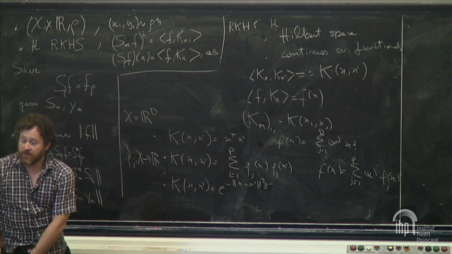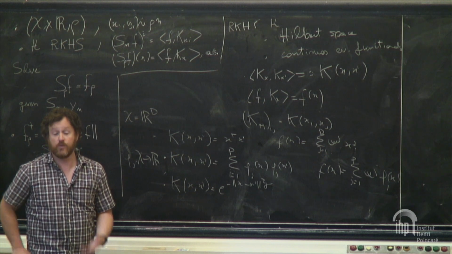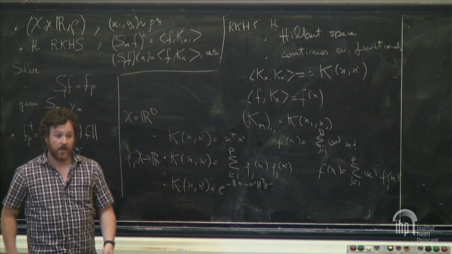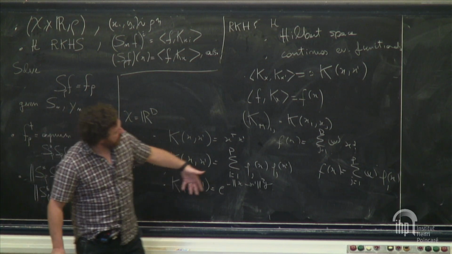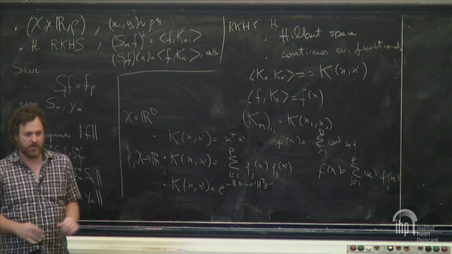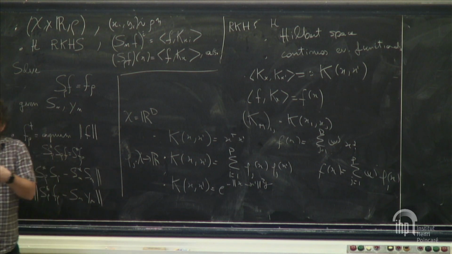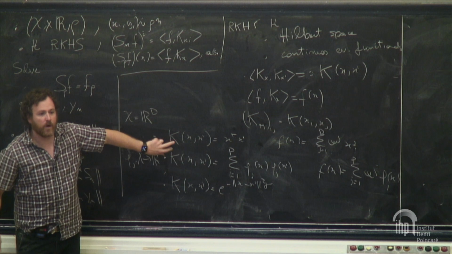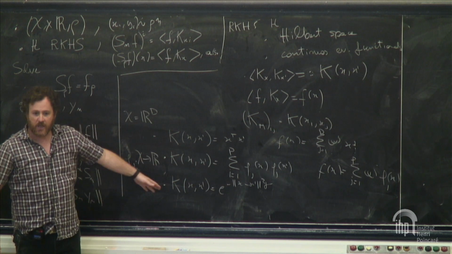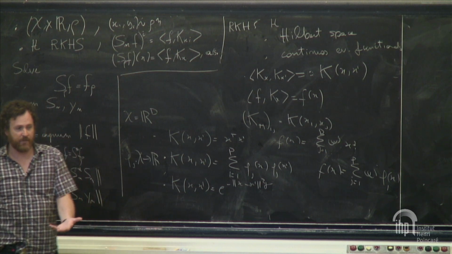Checking that it's positive definite requires a bit more gymnastics, and a way to do it is to just look at the Fourier transform. If you look at the Fourier transform, you can essentially use a standard result, the so-called Bochner theorem, that ensures that it's positive definite. Checking that the previous two are positive definite is an exercise. Checking that this is positive definite is a bit more than an exercise. You have to rely on a fundamental result.